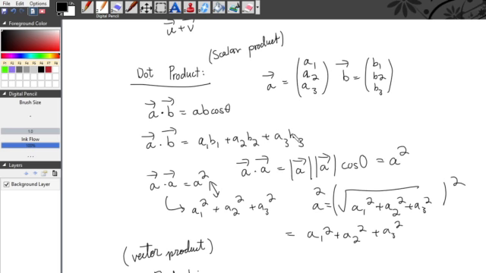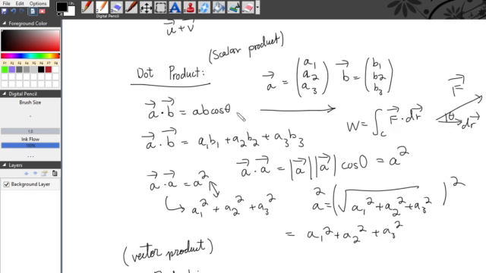An example of dot product would actually be work. We know that the line integral for work is just F dot dr, and it's a dot product. Let's say this is F and this is dr. So work would just be these two dotted. The smaller the angle between the two is, the larger the work is, because it's cosine theta.